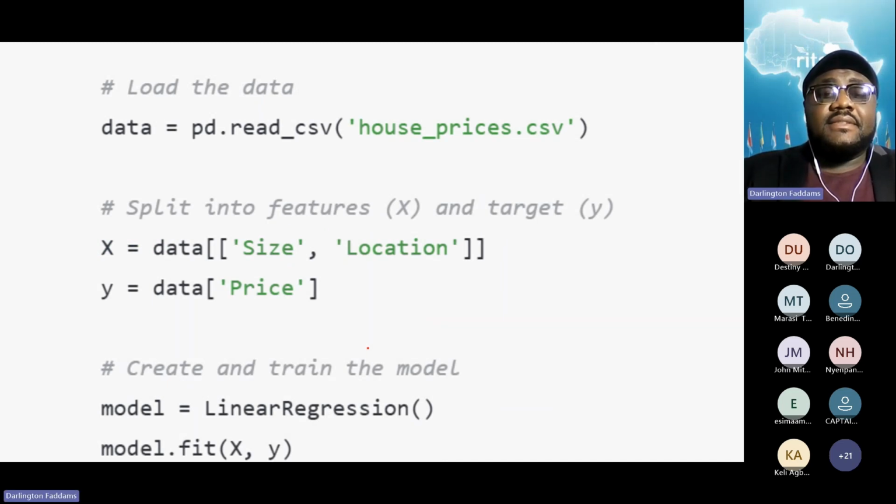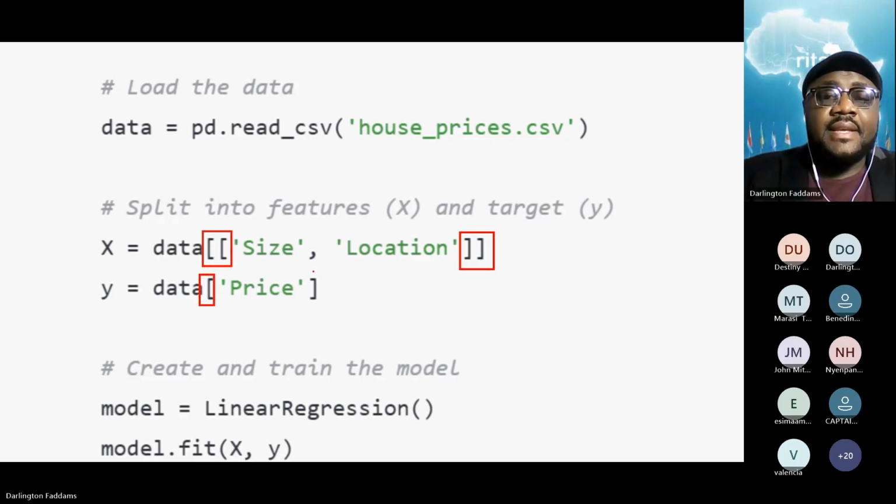All right. So you can see clearly that this is a data frame. If you remember yesterday's class, you can see that this is a data frame. And then the output here is a series.